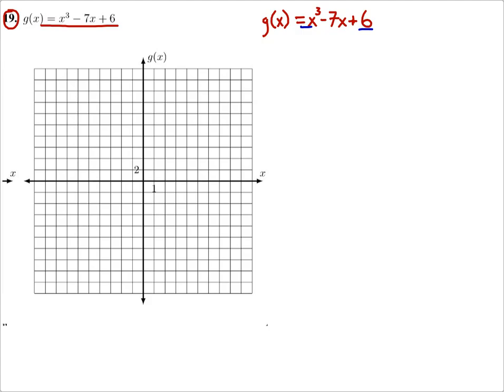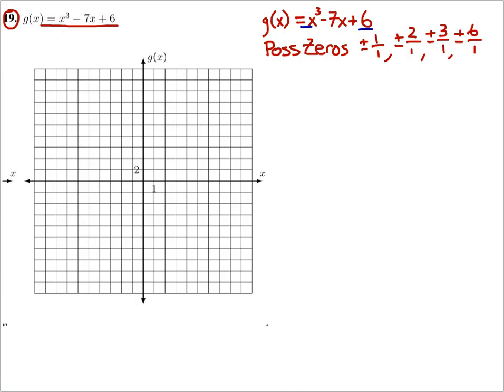So if I were to make a list of possible zeros, that is, things I should bother trying, I'm talking about factors of 6 over 1. So plus or minus 1 over 1, plus or minus 2 over 1, plus or minus 3 over 1, and plus or minus 6 over 1. That's a list of 8 numbers that are worth trying.